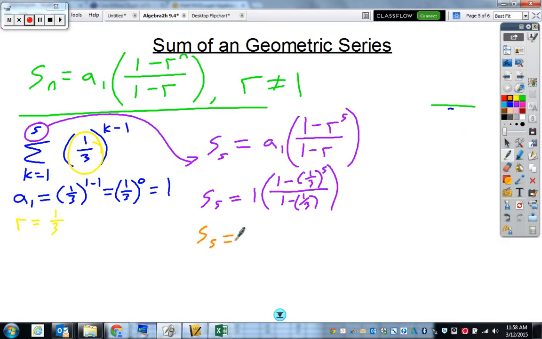So s sub 5 equals, well, 1 times anything is just 1, so 1 minus 1/3 to the 5th power, which is 1 over 3 to the 5th power.